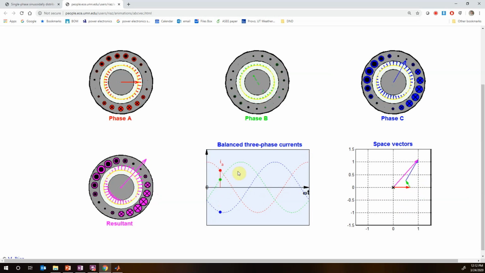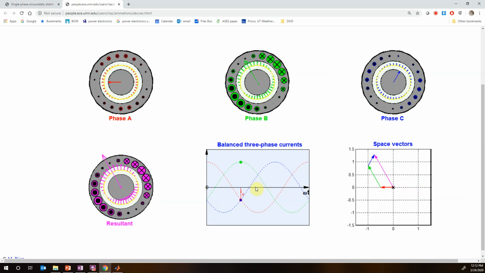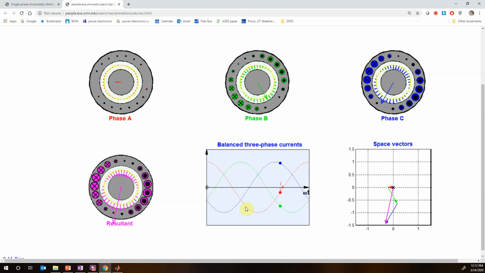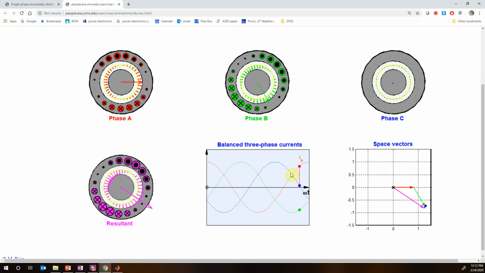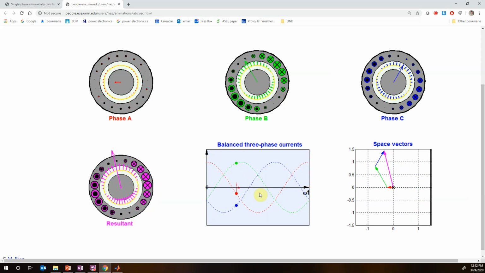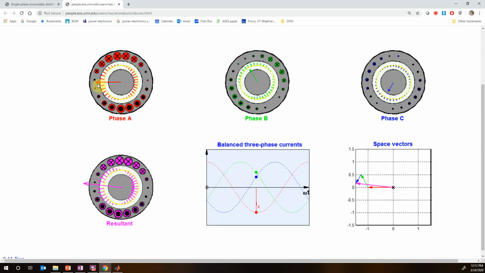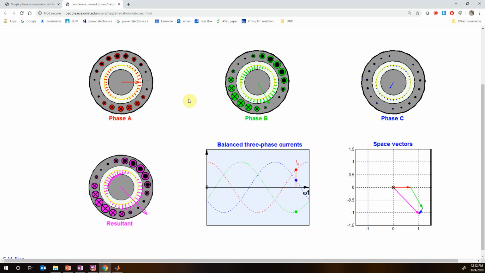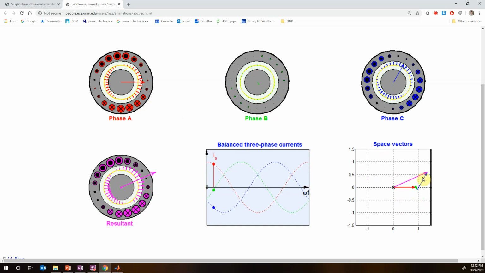So if I look at this plot right here in the middle, you can see I have the three-phase windings. The currents are going to go up and down with this 120 degree phase shift. When I take the red plus the green plus the blue, that's what's showing here.